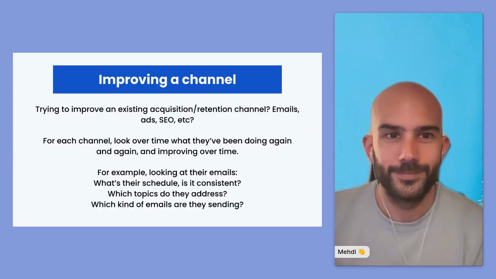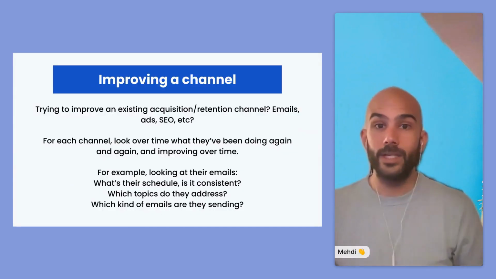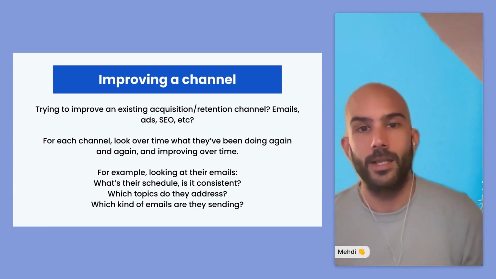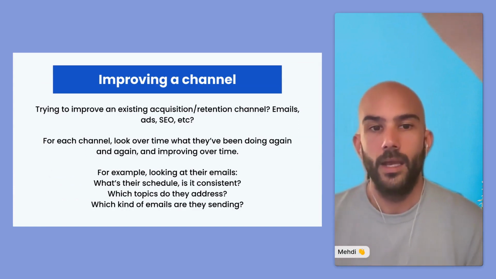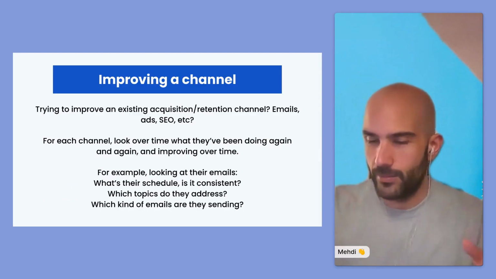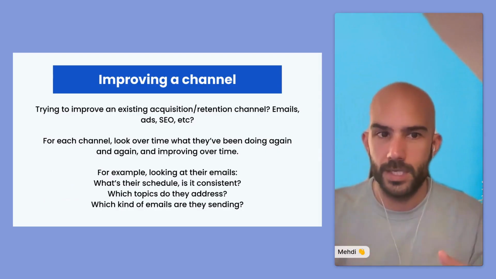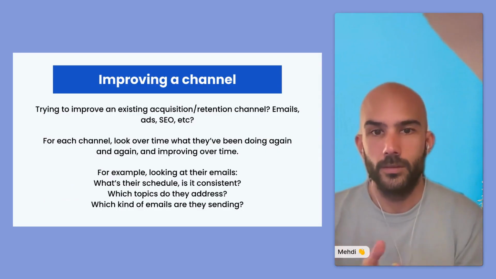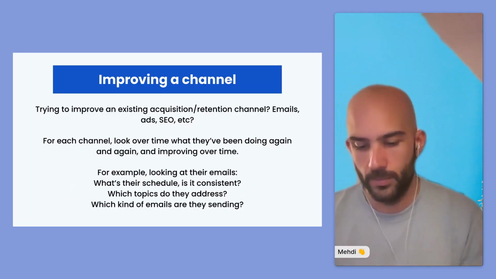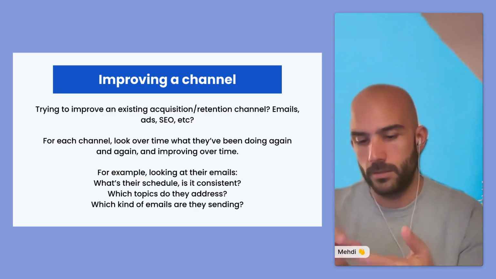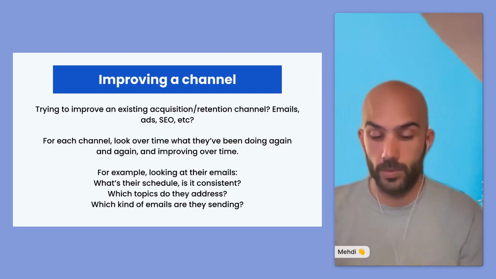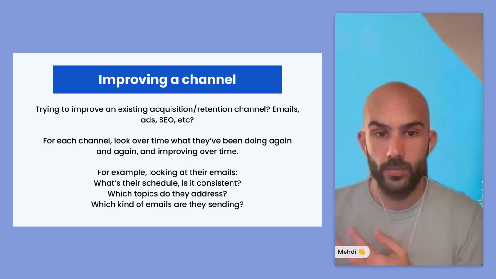All right. Same for improving a channel. This is what we've mentioned also at the beginning. If you're looking at a specific acquisition or retention channel, you can have a look at what they've been doing over time. We've seen together the landing pages, the homepage, the value proposition, the ads as well. It's the same thing.